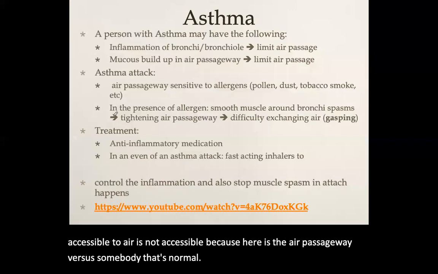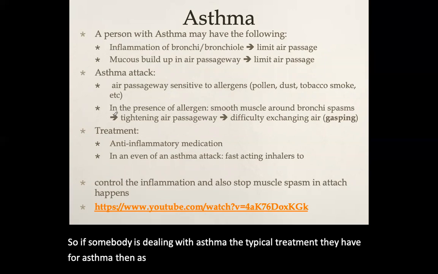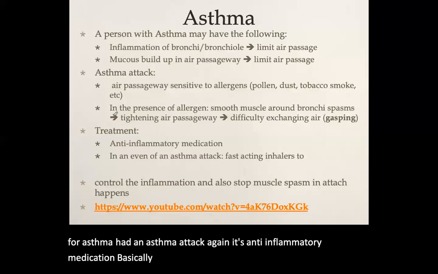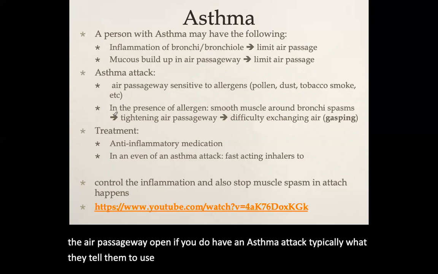So if somebody is dealing with asthma, the typical treatment they have for asthma, not an asthma attack again, is anti-inflammatory medication. Basically, take medication to limit the inflammation and keep the air passageway open. If you do have an asthma attack, typically what they tell them to use is a fast-acting inhaler.